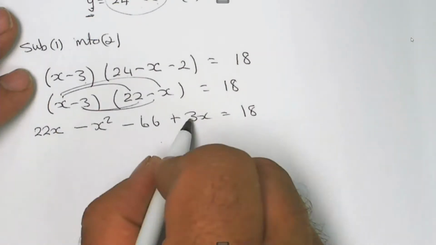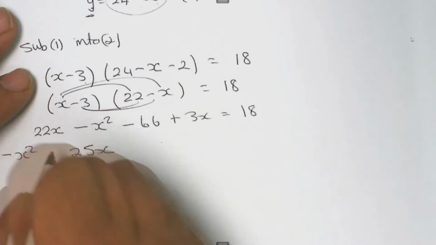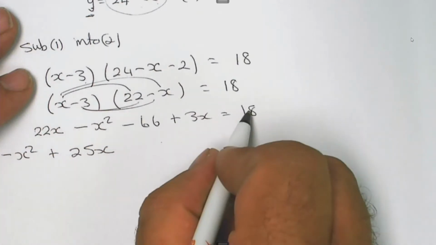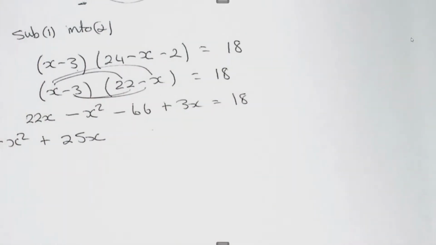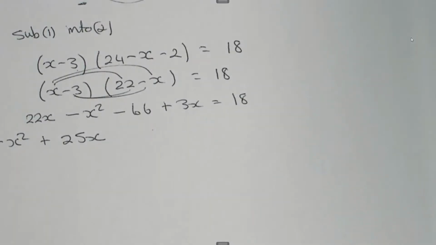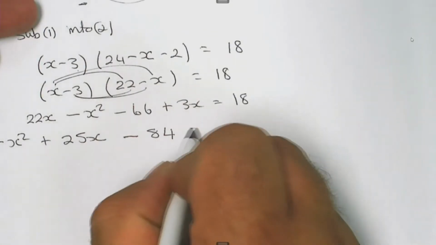Right, now we can say this here is 25x. This here is negative x squared. And this here becomes negative 66 and negative 18 becomes negative 84 equal to 0.